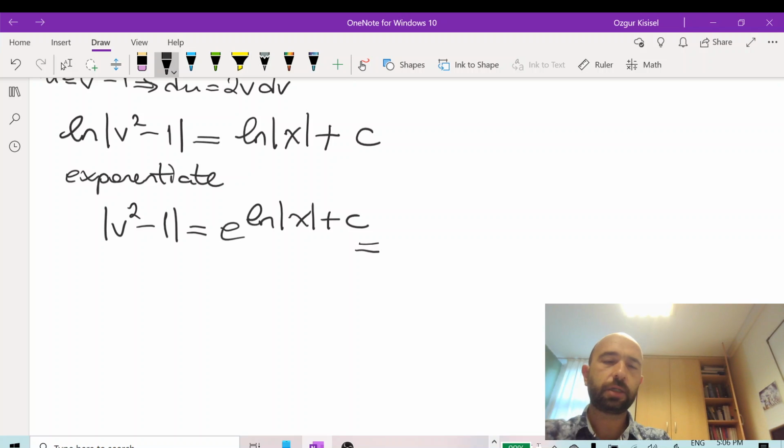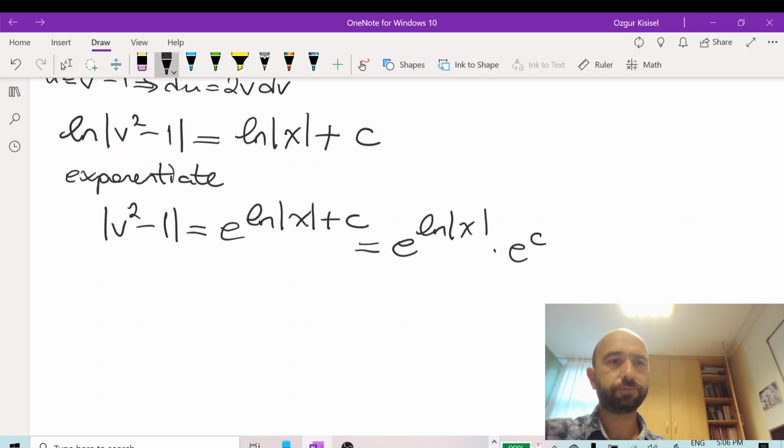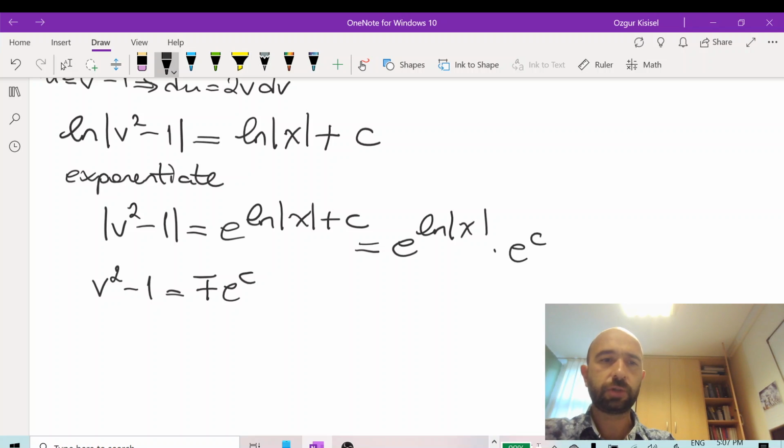But then again, since a sum in an exponential becomes a product, this is e to the ln x times e to the c. If we remove the absolute values on the left side, that's going to bring a plus minus here, e to the c again, and e to the ln absolute x is absolute x.